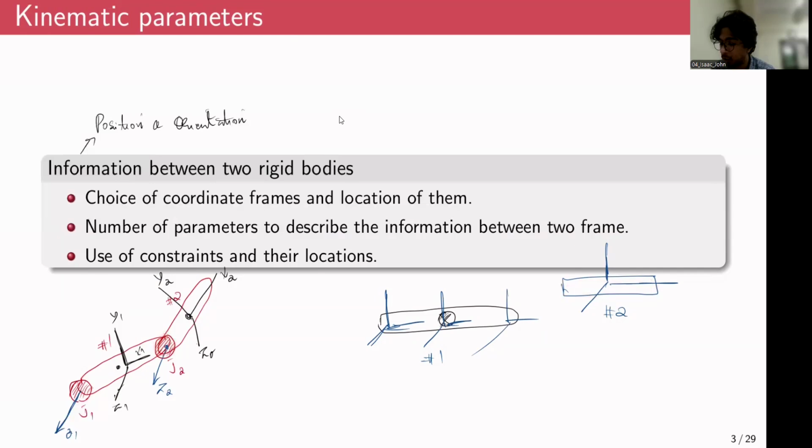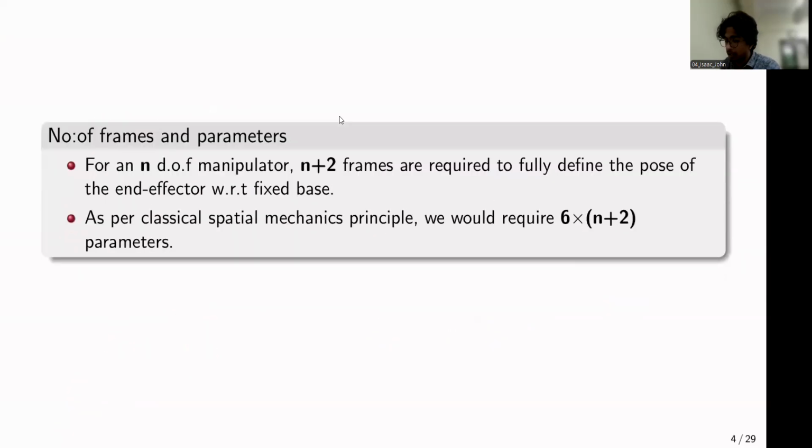So in this example, the relative motion of rigid body 2 and rigid body 1 is constrained using this revolute joint. From 6 degrees of freedom when they were disconnected, we end up with a single degree of freedom, because of this joint the only permissible relative motion is a rotation about this J2 axis. So we also need a way to incorporate the constraints into the kinematic modeling as well.